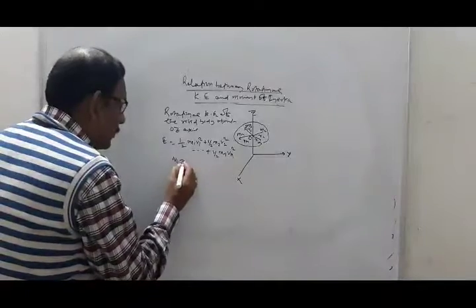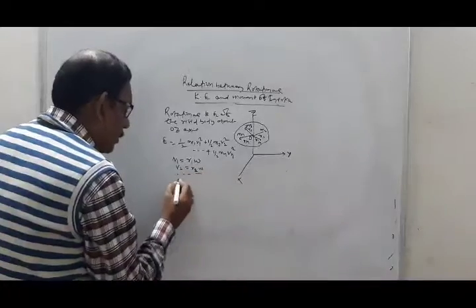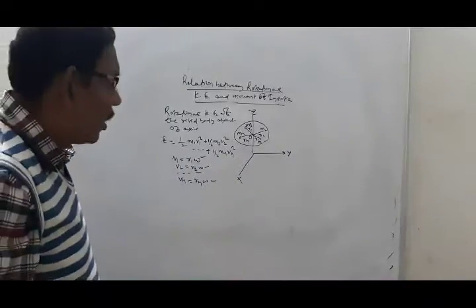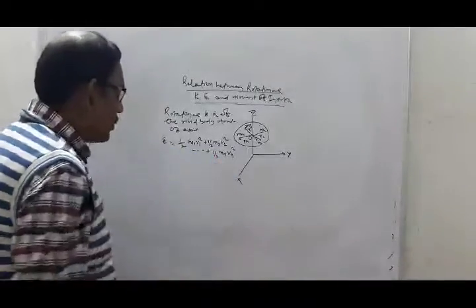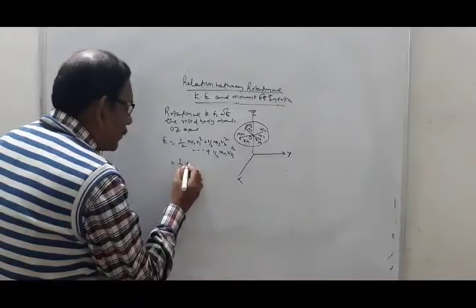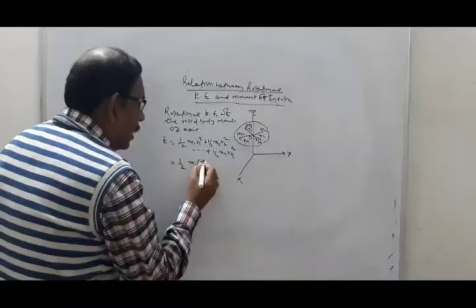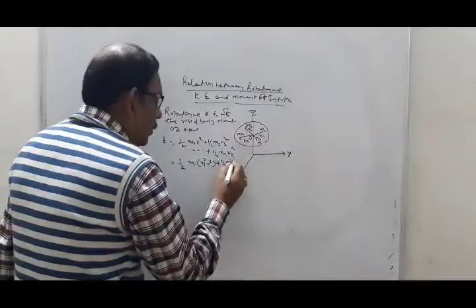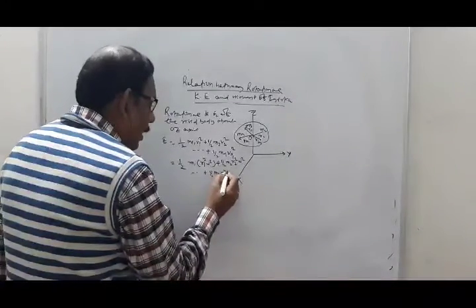So v1 is equal to r1 omega, v2 is equal to r2 omega, and vn is equal to rn omega. The angular velocity is the same for all particles when rotated about one axis. Now put these values here, taking half common: half m1 r1 square omega square plus half m2 r2 square omega square up to half mn rn square omega square.